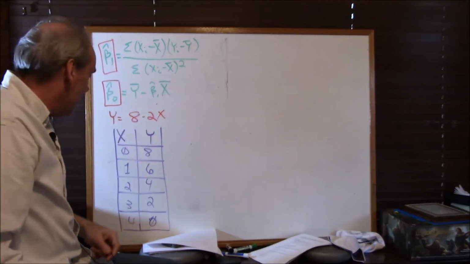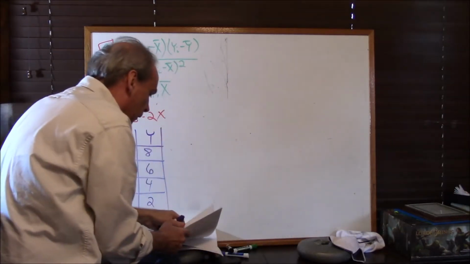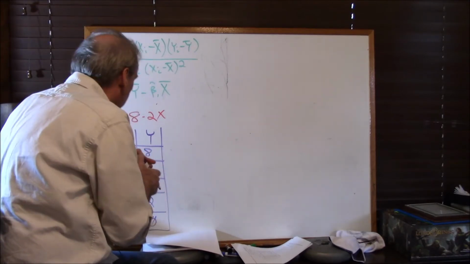It's really cool. All right. Now, as I said, the first thing you've got to do is figure out the two averages. The very first step is you have to figure out the averages. So the average for x.